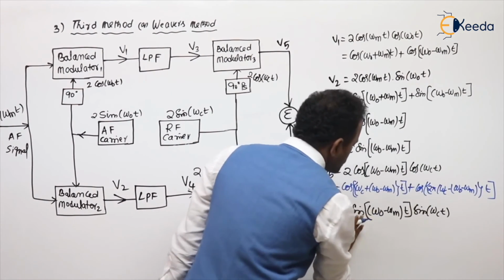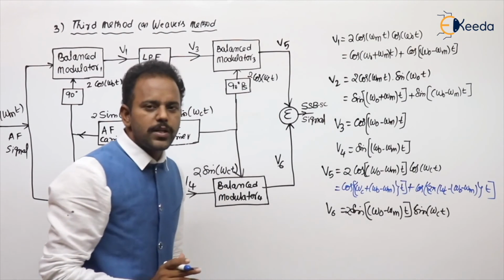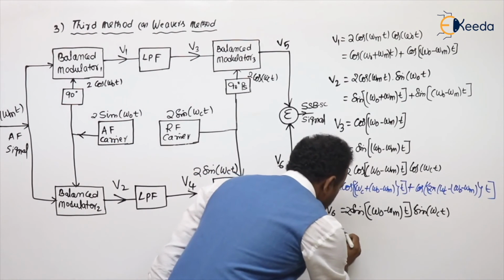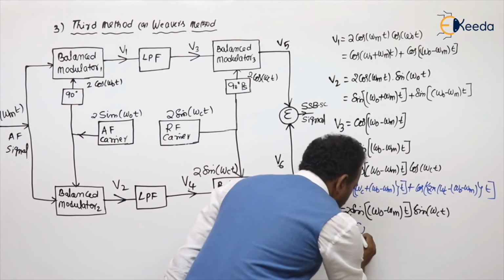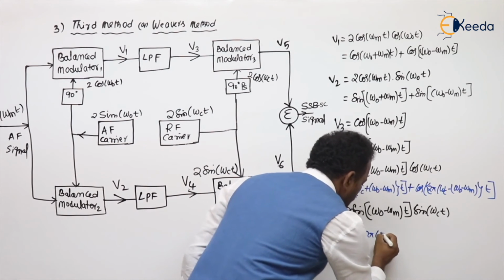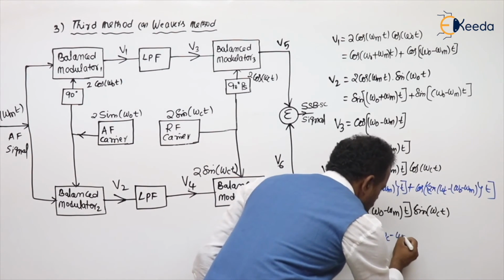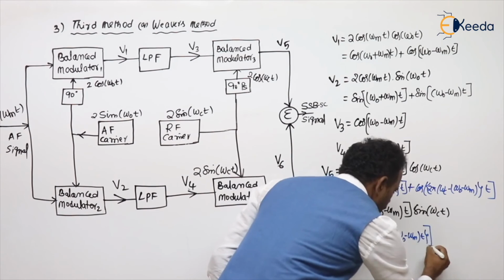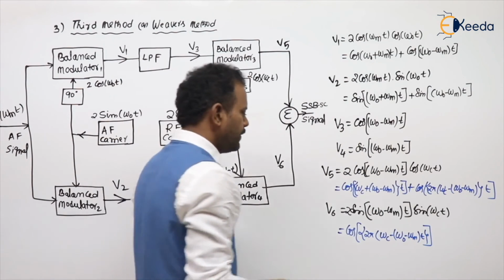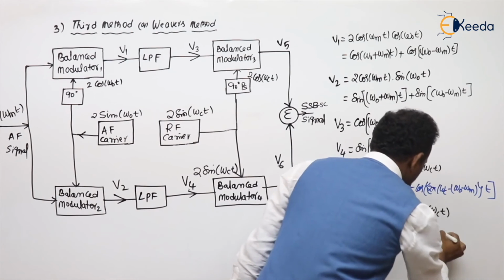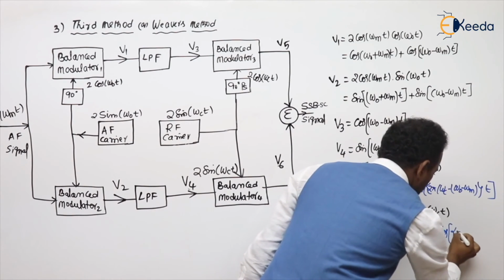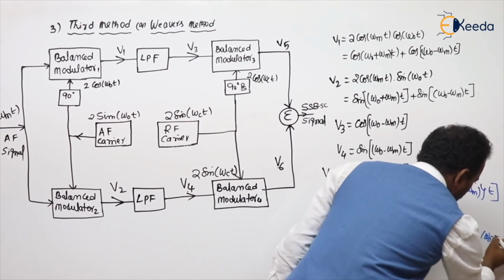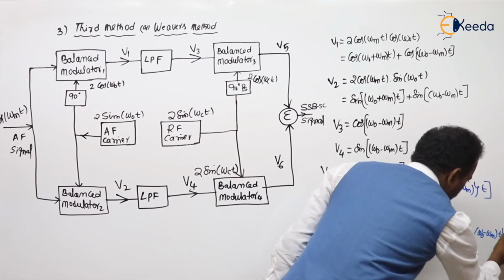Similar here also. Sin A sin B, 2 sin A sin B. What is 2 sin A sin B? Actually, a minus has to be there. Minus is not there means cos A minus B. Cos A minus B, that is 2 pi into (A minus B means omega c minus omega naught minus omega m)t, cos A minus B minus cos A plus B. What is cos A plus B? 2 pi into (omega c plus omega naught minus omega m)t.